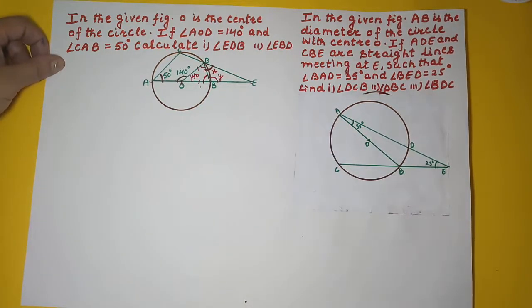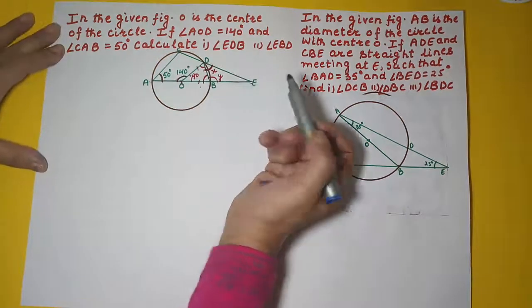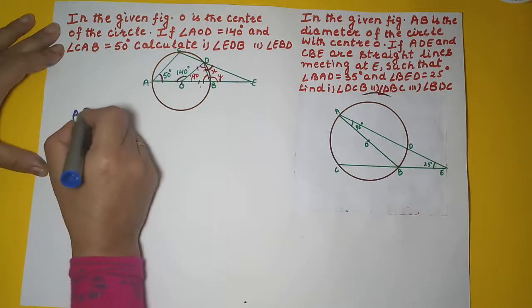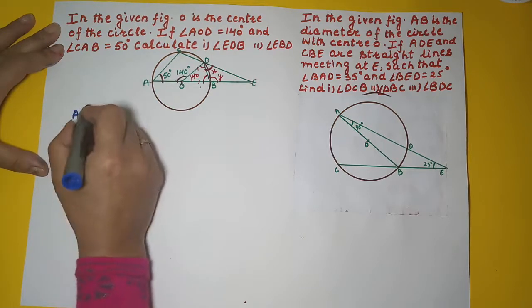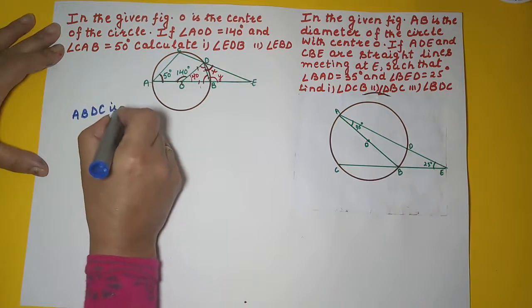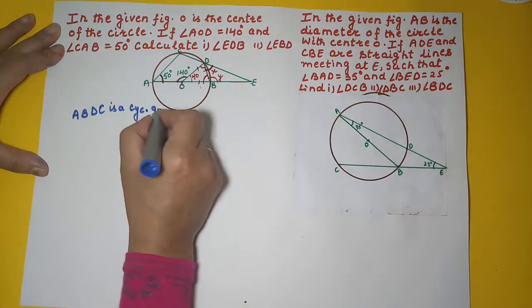Now, how to write this? So first we have to calculate this angle X. So what we will do is we will write ABDC is a cyclic quadrilateral, right?